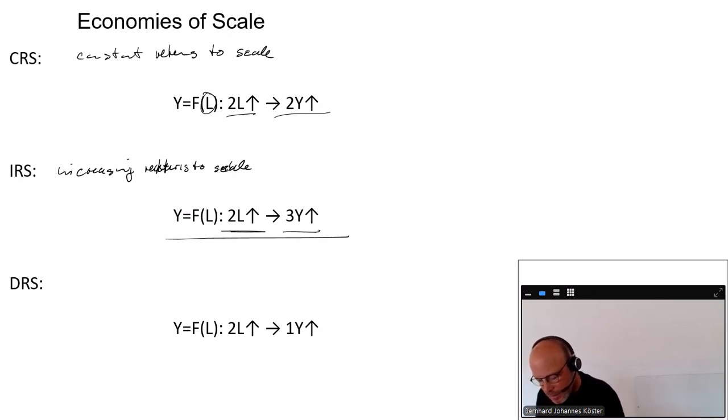Well, this means if we have lambda, and lambda is larger than 0, times L, this means output is scaling also with lambda.